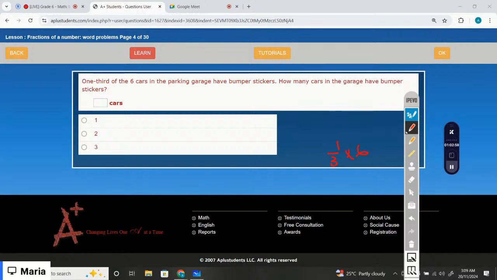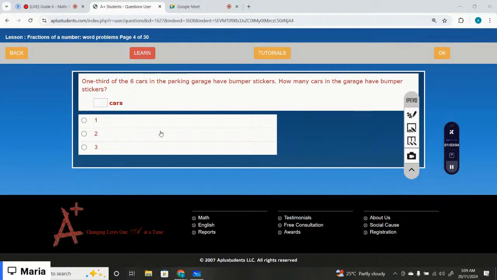The correct option is, very good, option number 2, and 2 is the correct option. Very good.